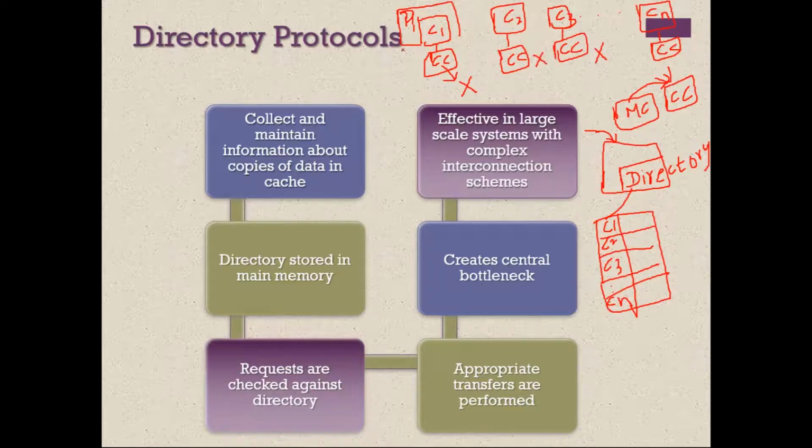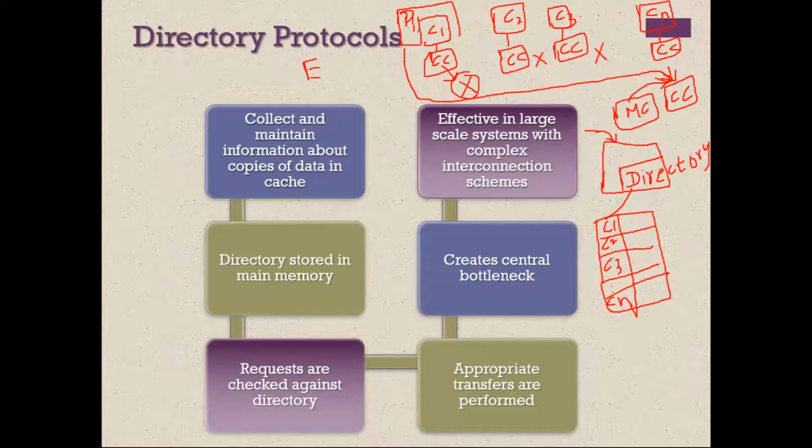So the processor will place a request to the cache controller: I want exclusive access to x. Exclusive means I should only access x, nobody else should access x. That is exclusive access.